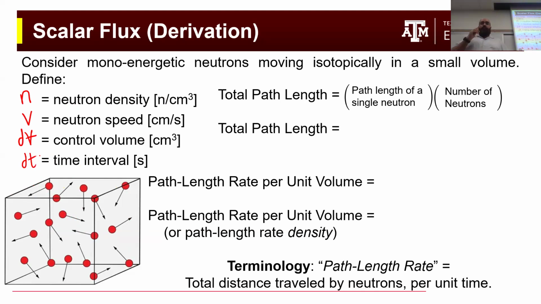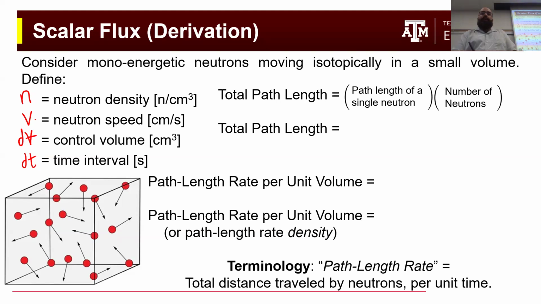So the first thing that we want to think about, if we're trying to see if this definition of path length rate per unit volume makes sense, then we want to think about in this little box what would be the total path length made by all of these neutrons. And that total path length would be the path length made by one neutron times the number of neutrons that are in the box, since they're all moving at the same speed and they're all moving isotropically.